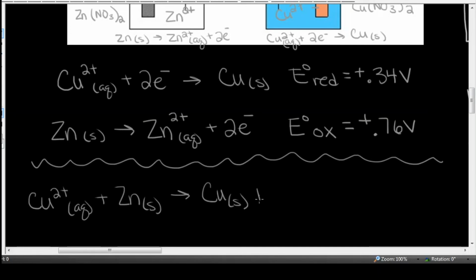That's that gain in mass of my cathode. And zinc 2 plus ions. All I need to do to figure out what my E naught of my cell is just simply add these two things together to a positive 1.10 volts.